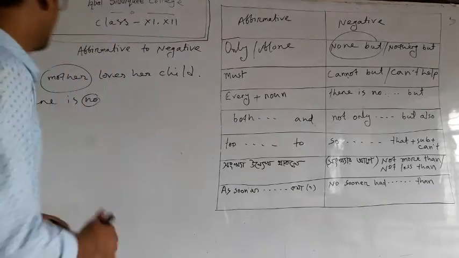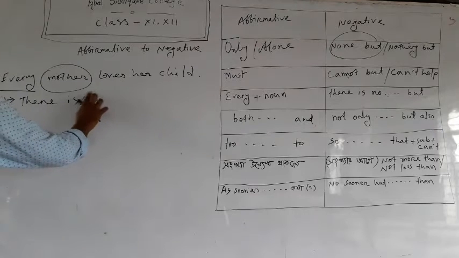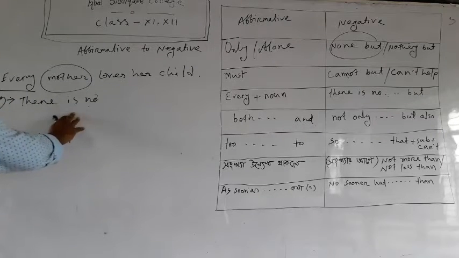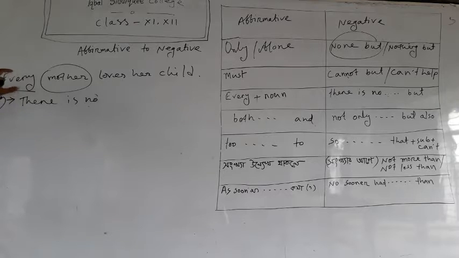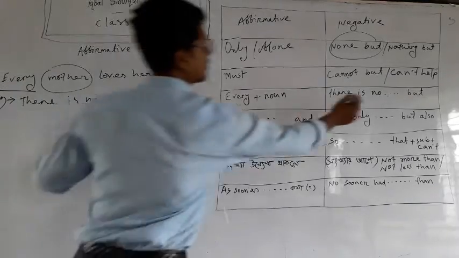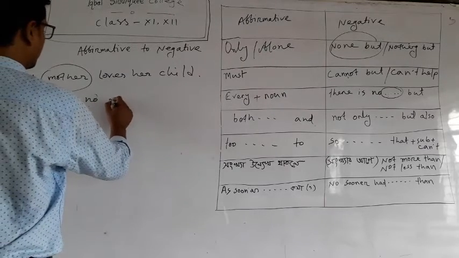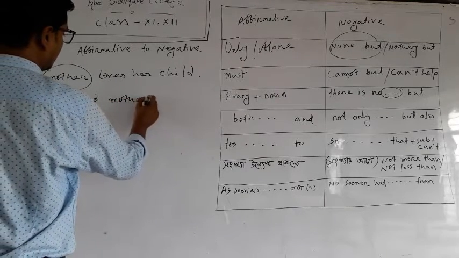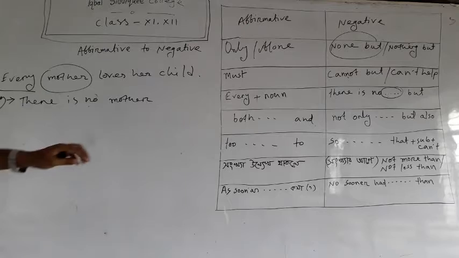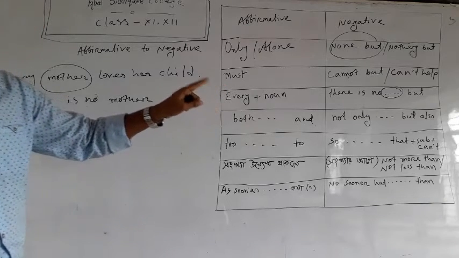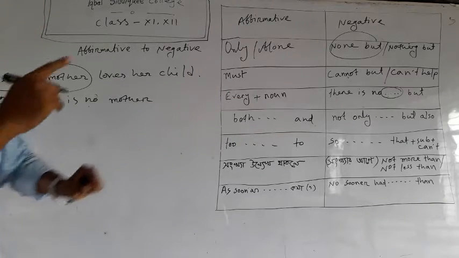We have used there is no in lieu of every, and you see there is a noun after every. So we will use this noun here. So there is no mother. And you see, after that gap, I have written but here.